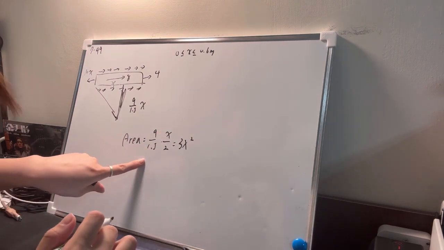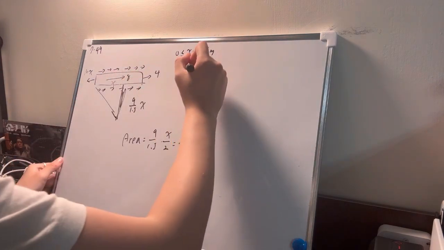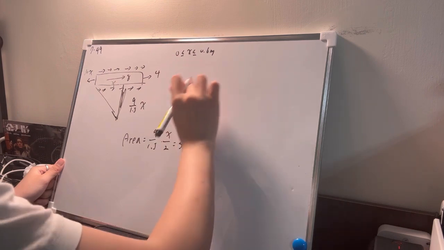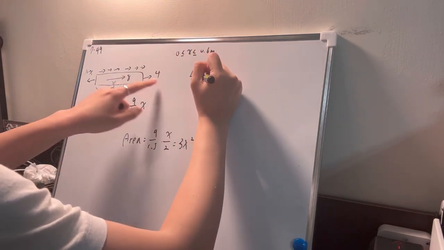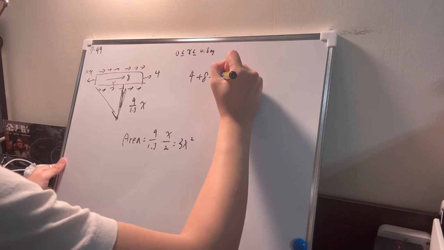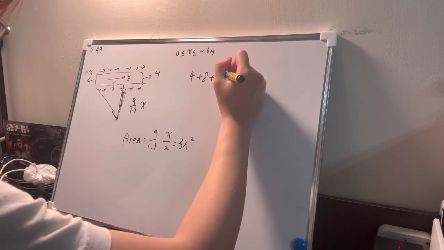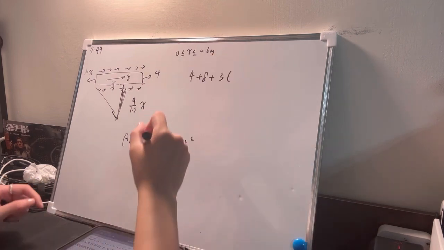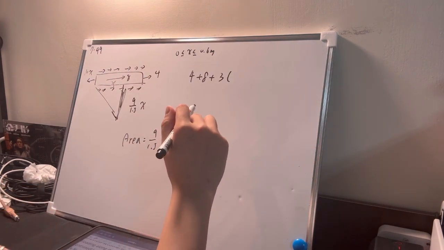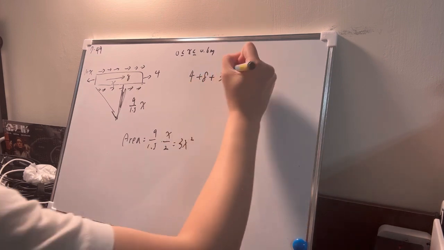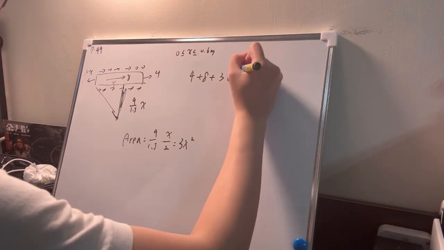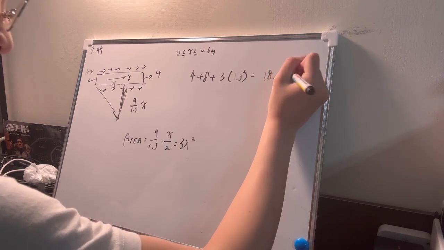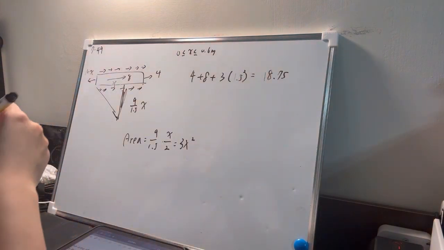Because of this, we can know the Nx here is equal to 4 plus 8 plus 3, and x here is the total length, 1.5, so here it is 18.